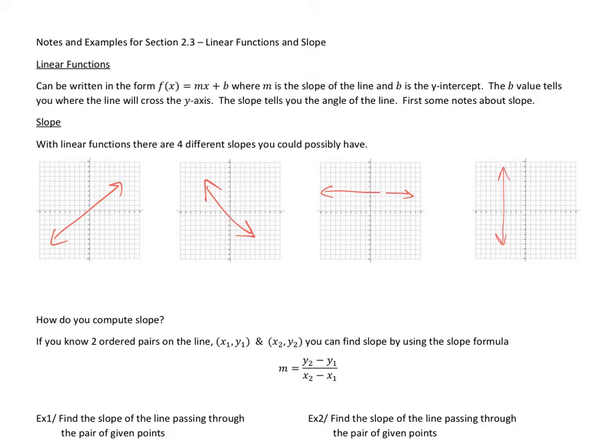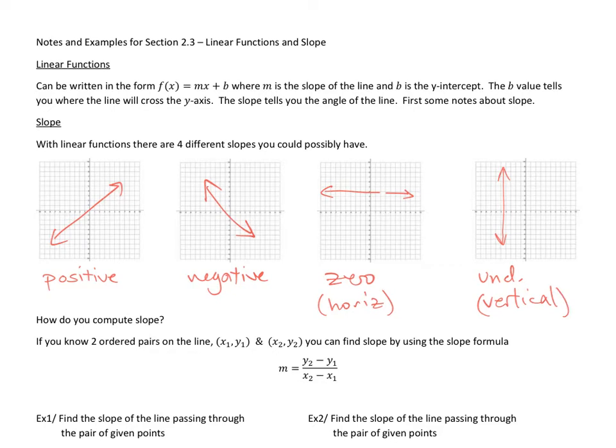So just to label these, you have positive, negative, zero, or if you like, horizontal, and undefined slope, or vertical lines. And we're going to talk more about these horizontal and vertical lines a little bit later.